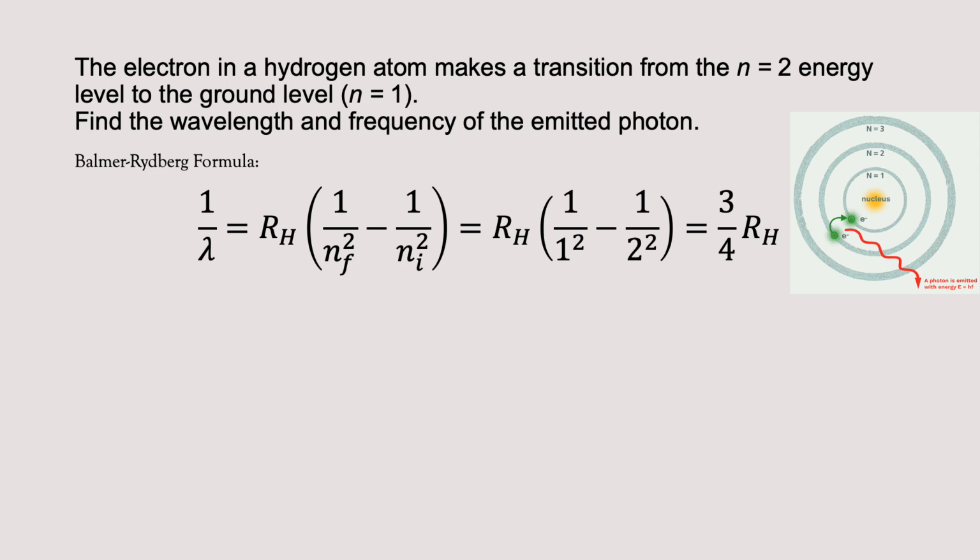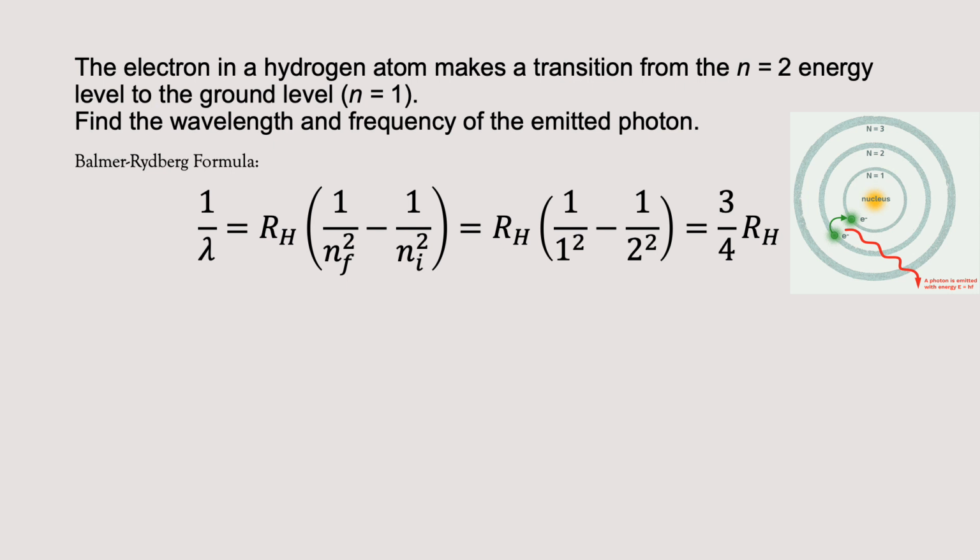Here, we use the Balmer-Rydberg formula. We have 1 over lambda, the wavelength, equal to R_H, the Rydberg constant, times 1 over n_f squared, the final energy level, minus 1 over n_i squared, the initial energy level.